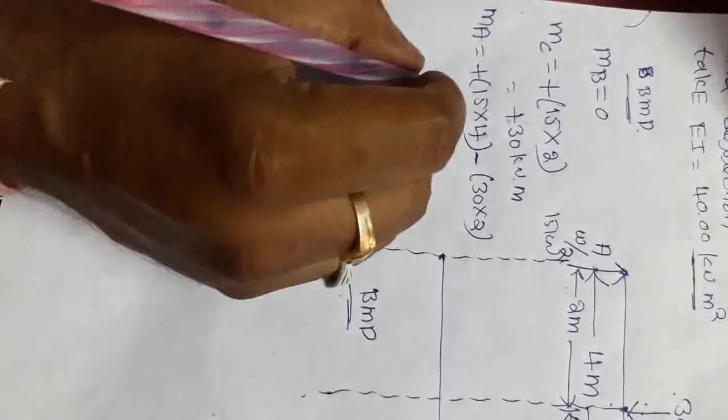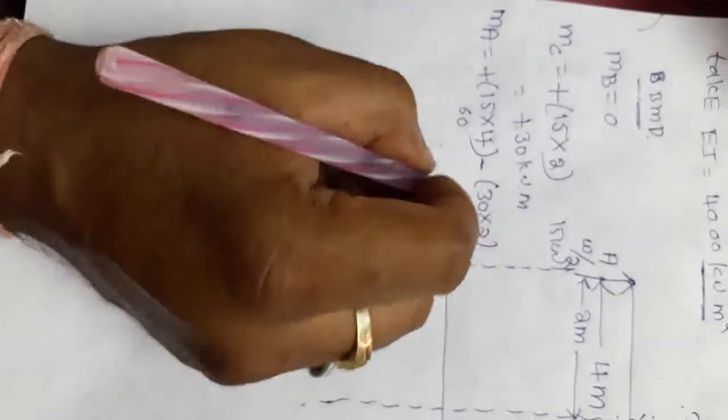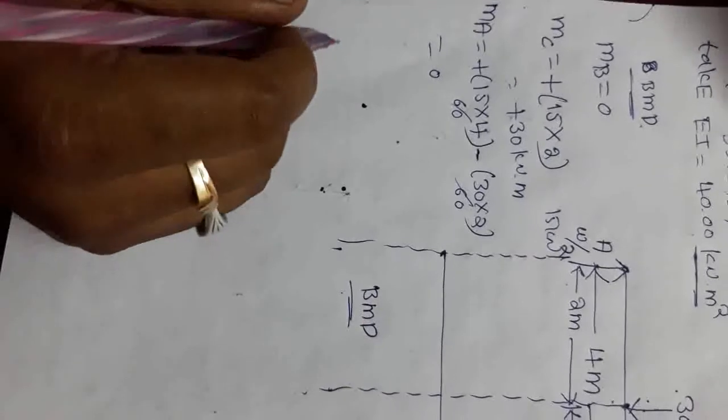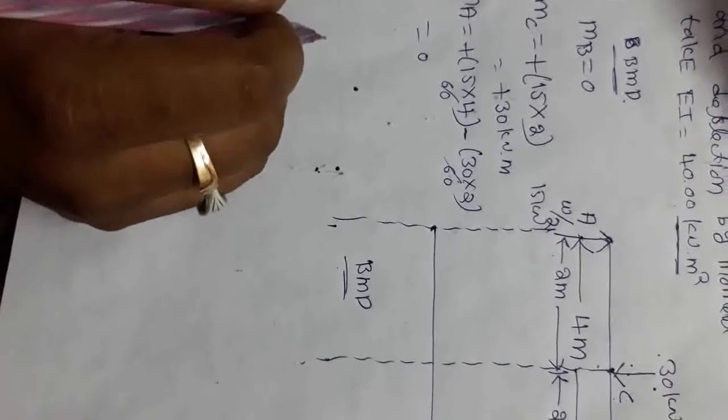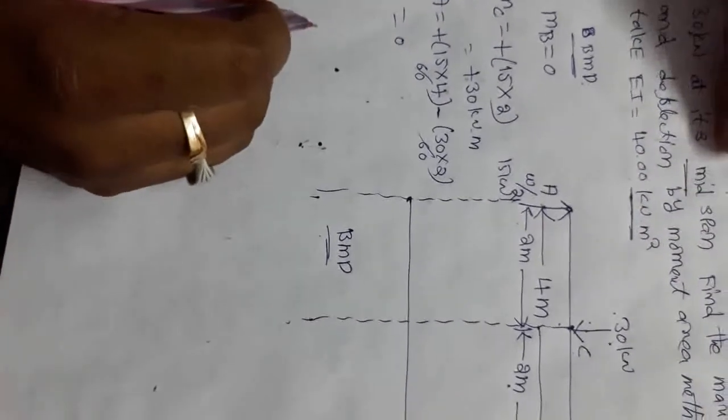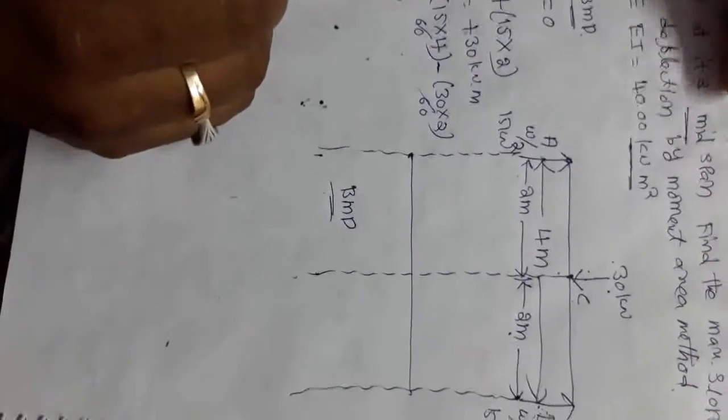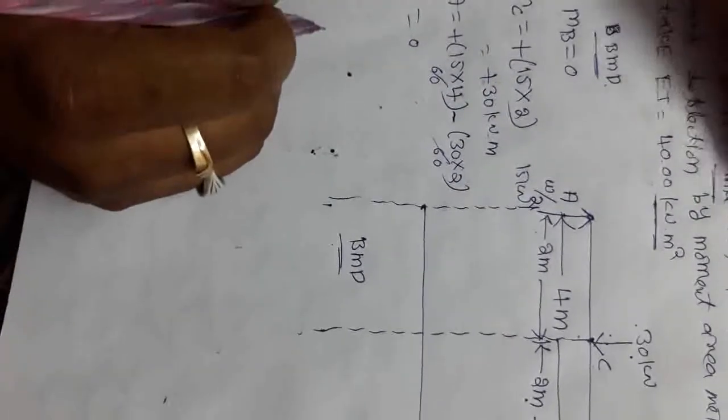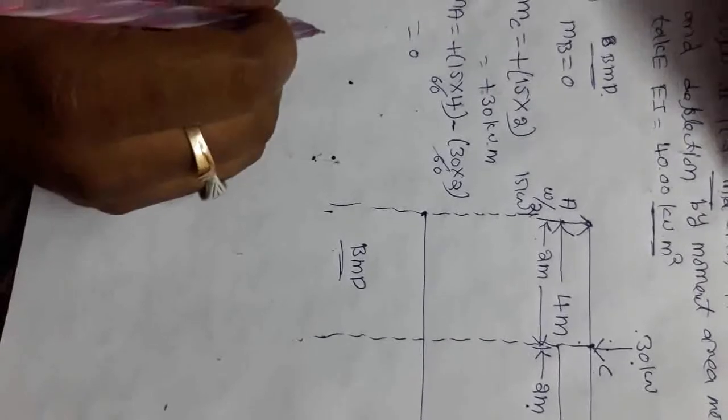So 15 into 4 is 60, and 60 cancels 60, so it is 0. The bending moment is 0 at the supports and maximum at the center. These are the end conditions of a simply supported beam for finding maximum slope and deflection.